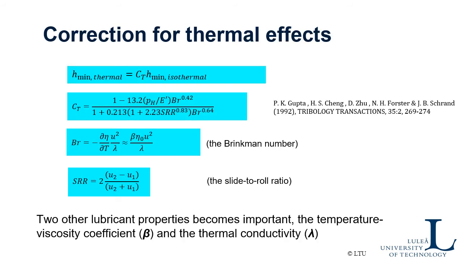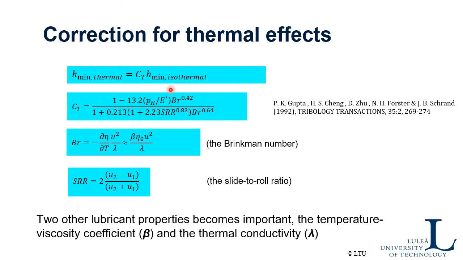In order to compute the effect of inlet shear heating, you can use an equation like this. Here you need to compute the correction factor CT. CT is a number between 0 and 1, and you multiply that CT by the minimum film thickness obtained from the film thickness equations I showed before.